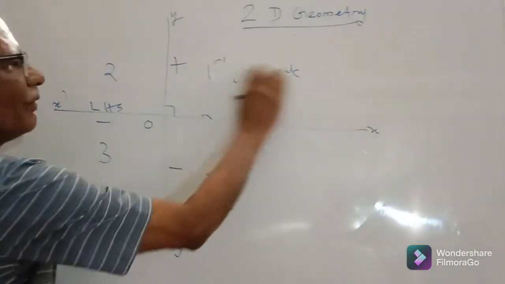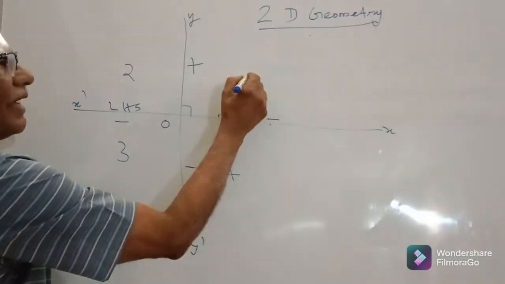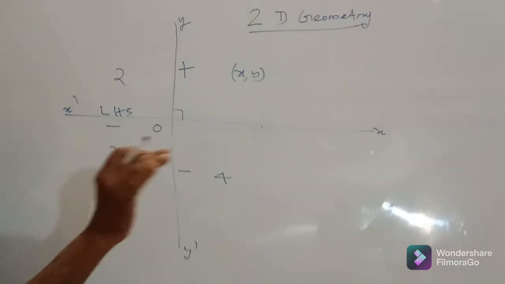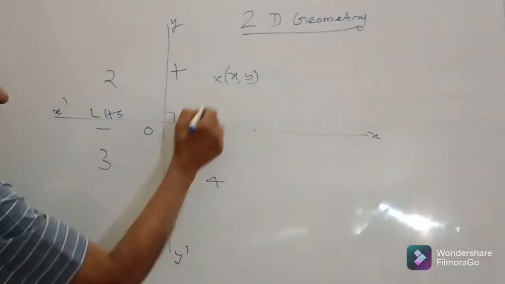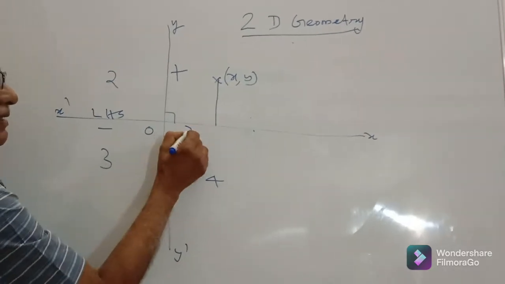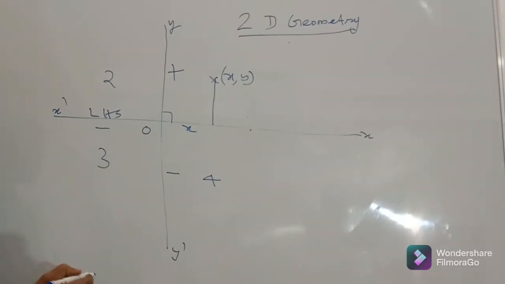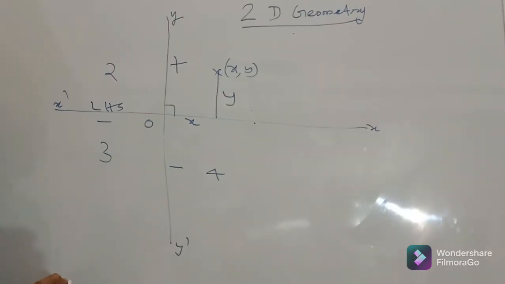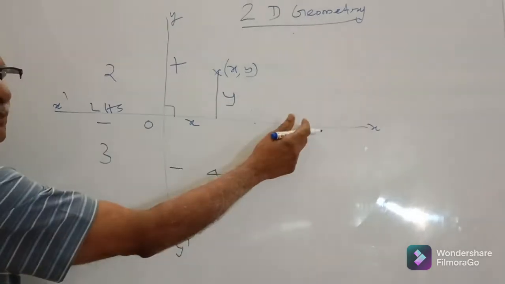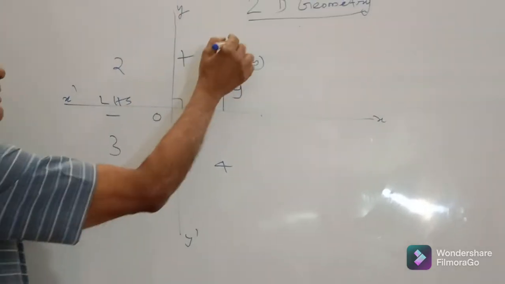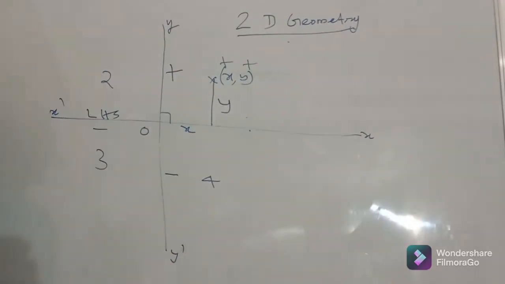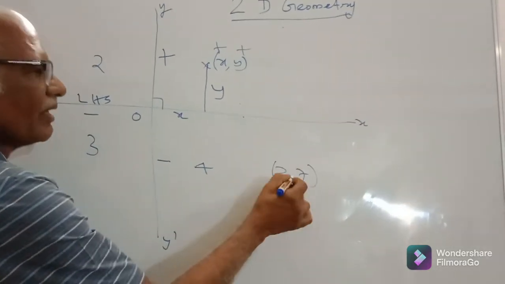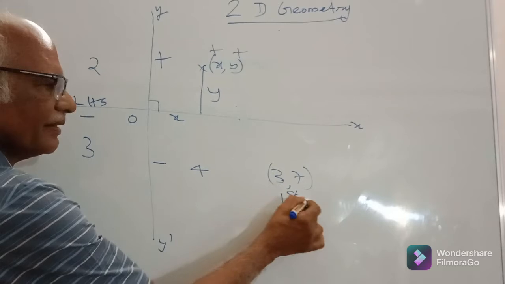Now, if you have a point here, x, y, the meaning of the point x, y is that on the x-axis, there is distance x from the origin, and on the y-axis, there is distance y. Now we see right is positive, up is positive, so this is both positive. So if you have a point like 3, 7, it will come in the first quadrant.